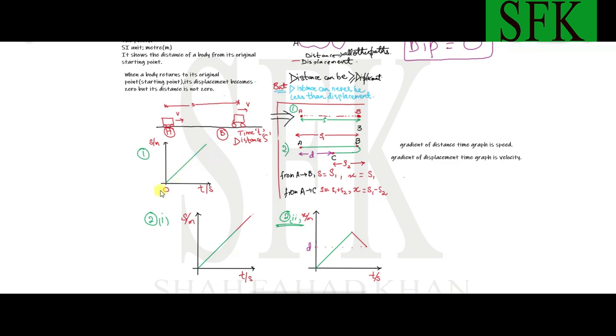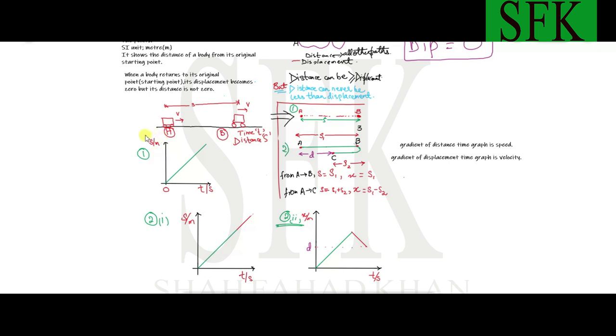An MCQ that came recently: at time 0, what's the velocity of this cart? Looking at the origin, it just seems as if the trolley is at rest, but this is not true, because in this graph the y-axis does not represent the velocity.